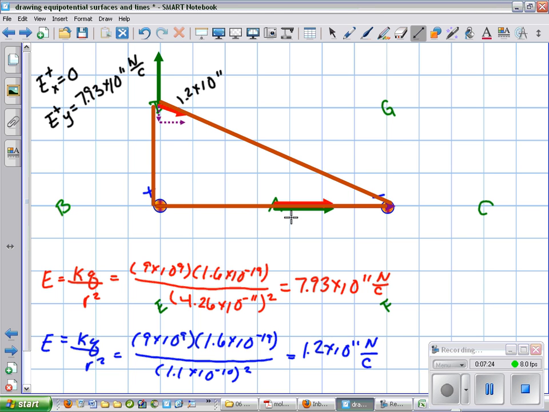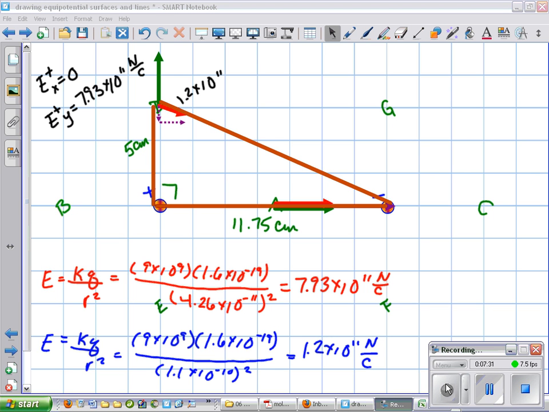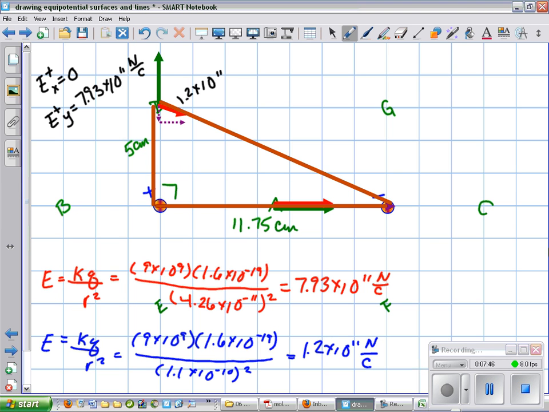So if I find the angles inside my big brown triangle, then I can use those lengths. Remember, this was 11.75 centimeters. This was 5 centimeters because I measured those previously, to find the angles inside my triangle. So let me find this top angle right here.